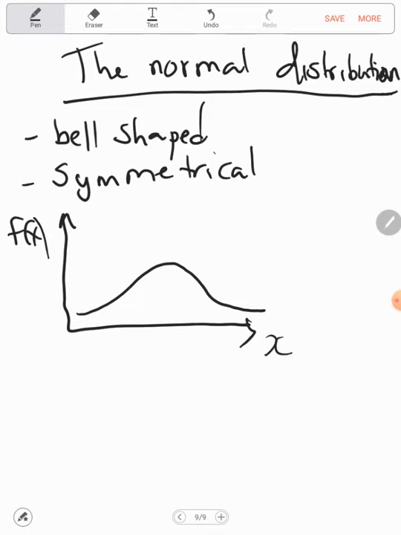Now what is the PDF of a normal distribution?